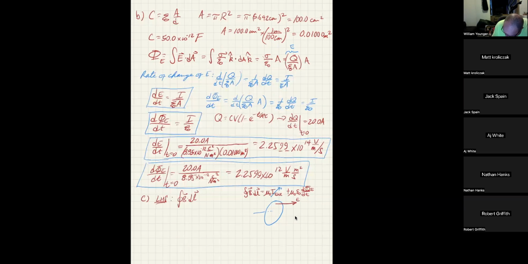So these are E, and it's actually a uniform electric field. We know that. So notice the electric field lines point in the same direction as the current would.